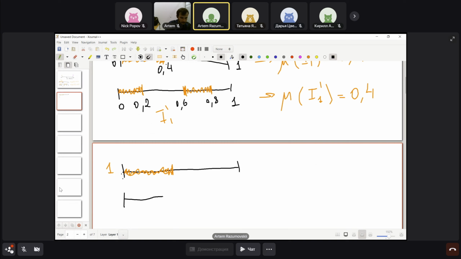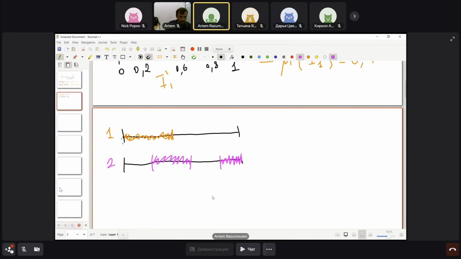Then we can consider the second agency, doing the same choice. So they can pick, for example, here and here.